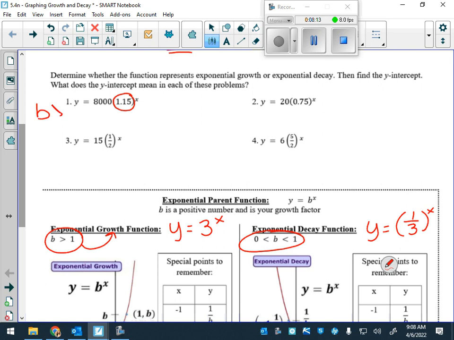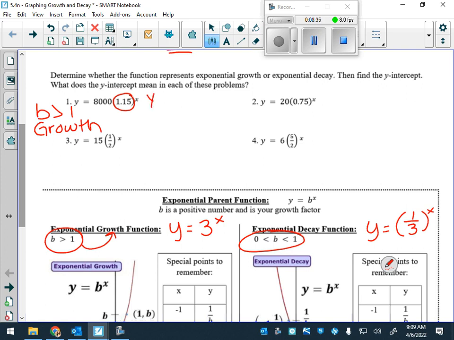Good. So the b value is greater than 1, so we have exponential growth. Now, if we wanted to find our y-intercept, what is our x value for our y-intercept? 0, right?